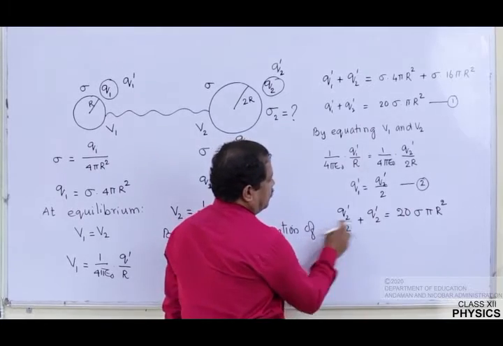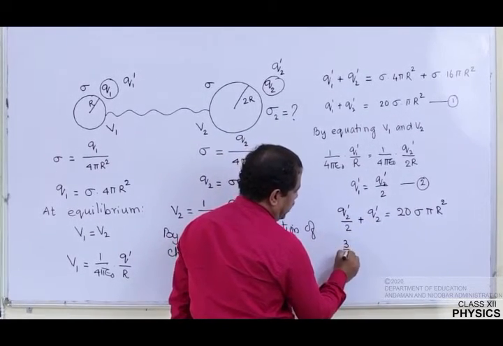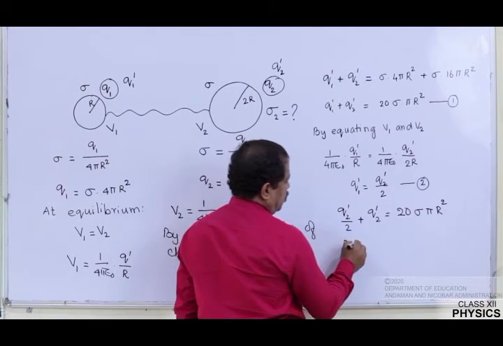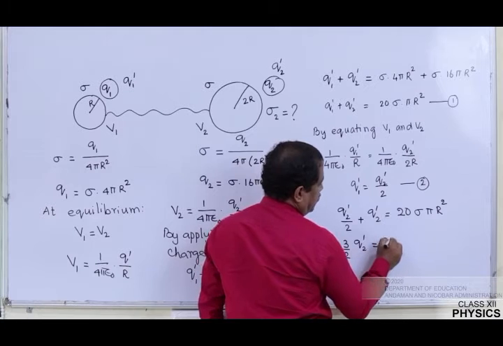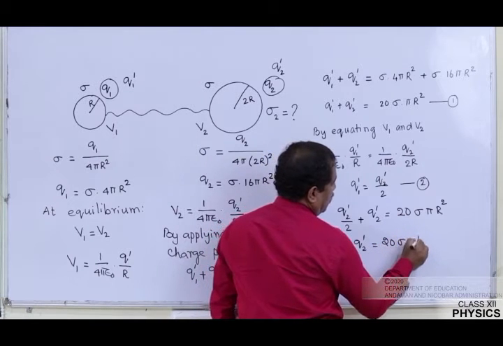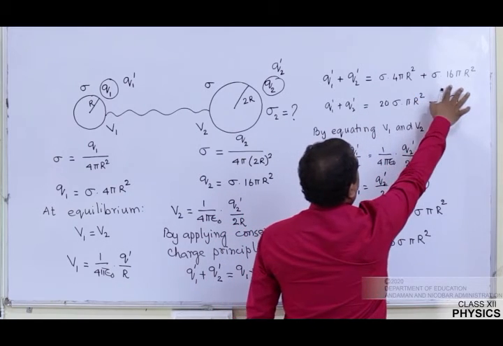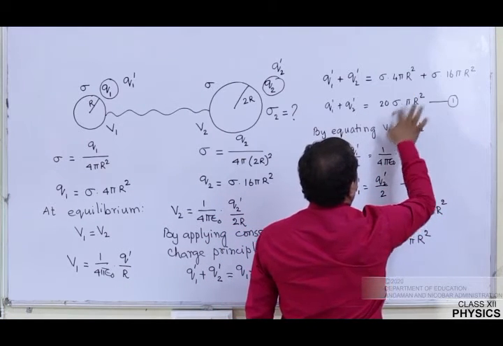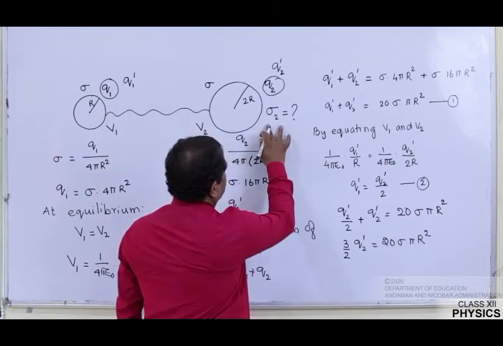Else, half plus 1 is 1 and a half. So I say that 3 by 2 q2 dash is equal to 20 times sigma pi r square. Hopefully I am right: 4 pi r square plus 16 pi r square is 20 pi r square into sigma. In that case, I am trying to calculate sigma 2.